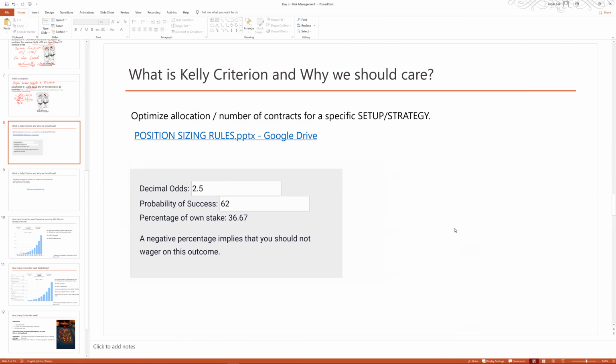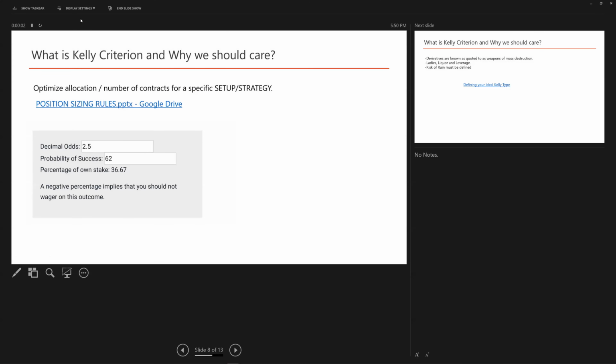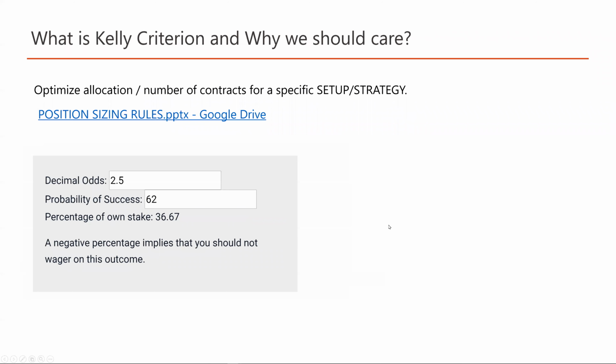But let's assume we have this as our strategy, obviously, right? So this is an example of a strategy. I don't know what happened there.